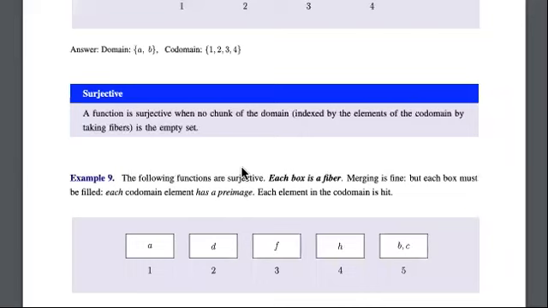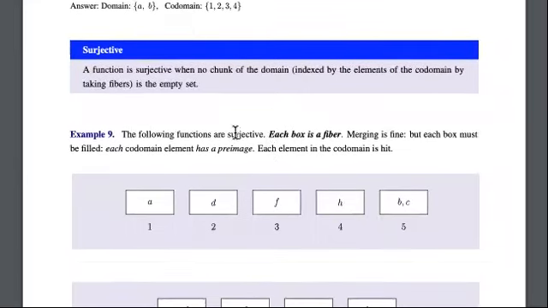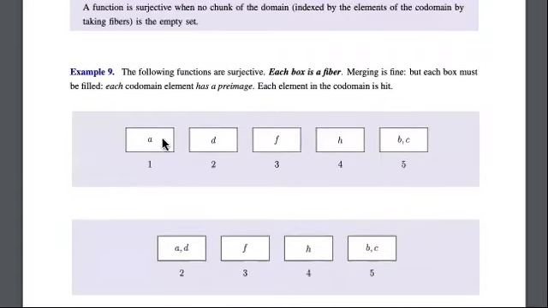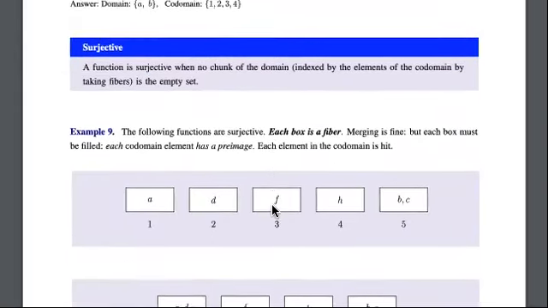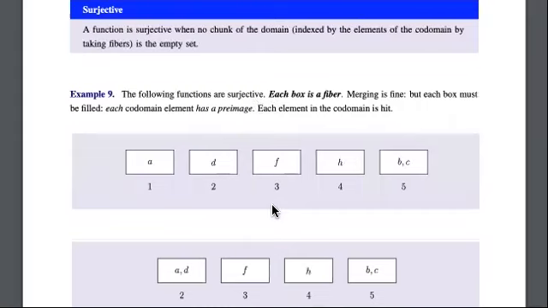Let's look at another example of a function that's surjective. Surjective means it doesn't matter how many things are in the boxes, as long as all the boxes have something in them. You don't have any empty boxes. In injective functions, you could have some empty boxes, but for surjective functions, you have no empty boxes, and it doesn't matter how many things you have in there.